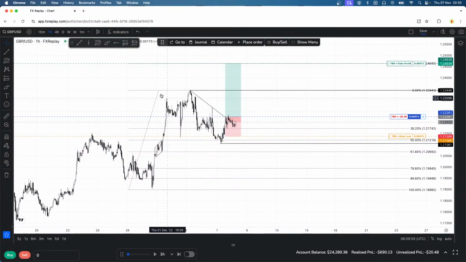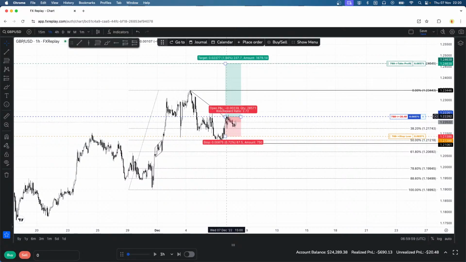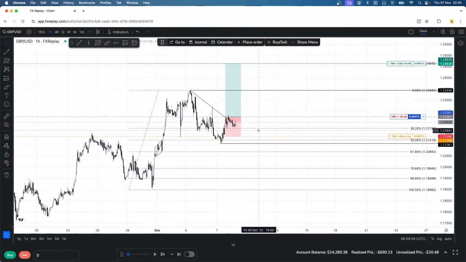So the structure has not changed, so I'm going to put another buy stop for if price pushes to the upside, because this looks like an impulse. You have a correction, we're looking for continuation. Okay.